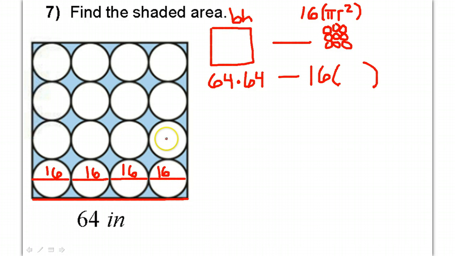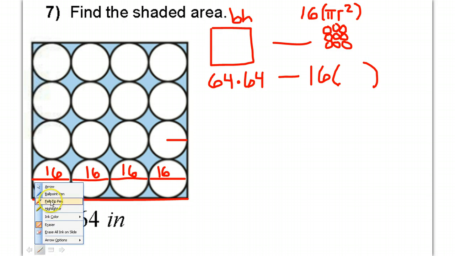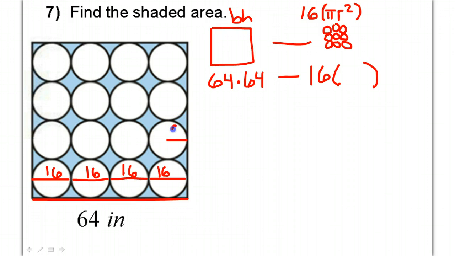Well, if this diameter is 16, guess what this radius is? You betcha. It wasn't a very good 8, but that is 8. I feel like I want to make a better 8 than that. Okay, a little better. The radius is 8.